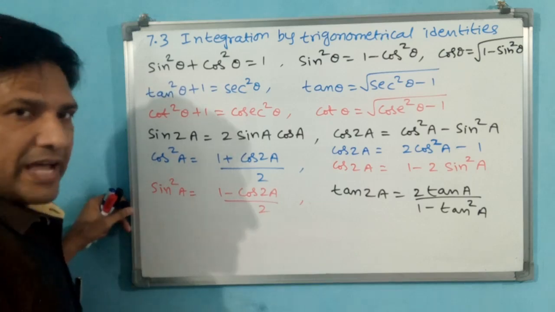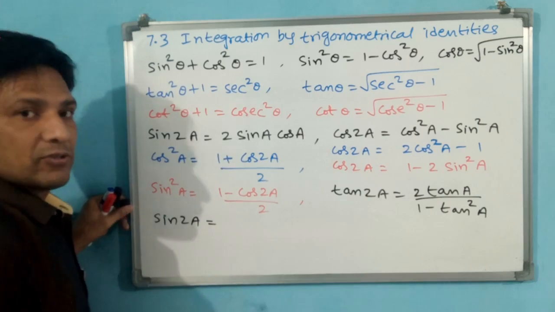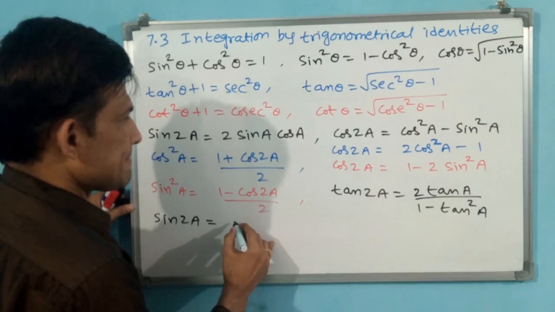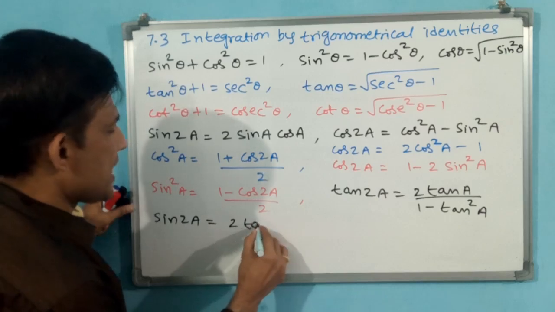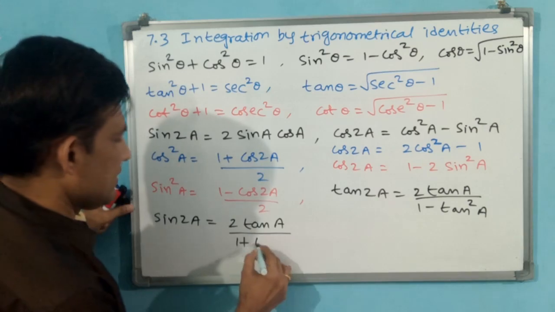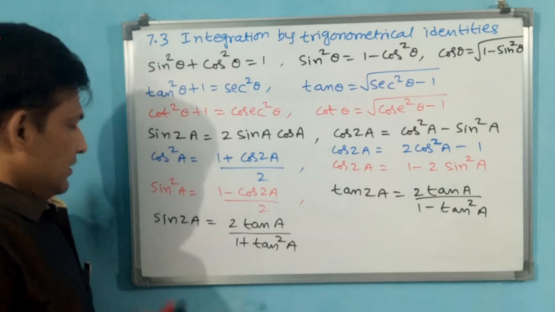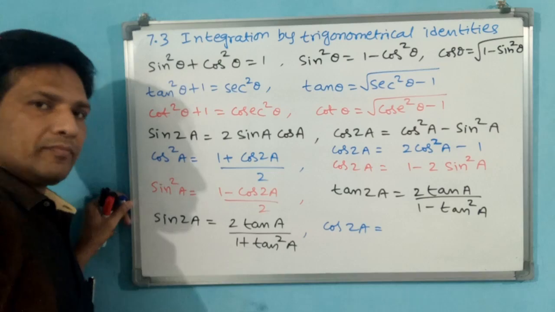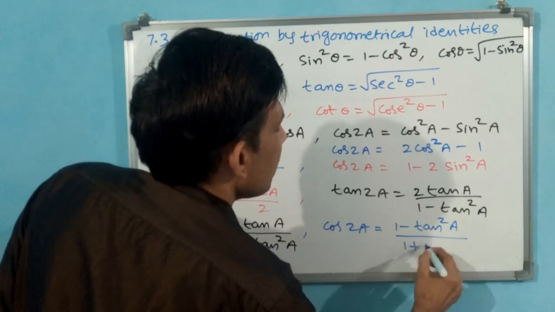Sin 2a is equal to 2 tan a by 1 plus tan square a. And cos 2a is equal to 1 minus tan square a by 1 plus tan square a.